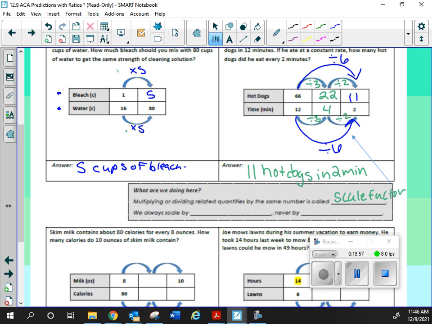Whenever we do proportions, whenever we use scale factors, what operations are we always using? Multiplication or division. Whenever we scale in a proportion, we're always doing multiplication or division. What operations are we never doing? Addition and subtraction. We're never adding or subtracting.